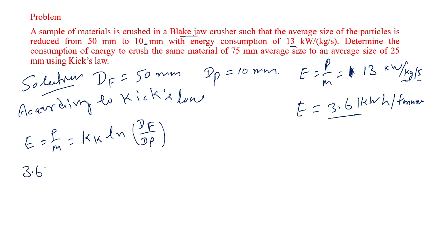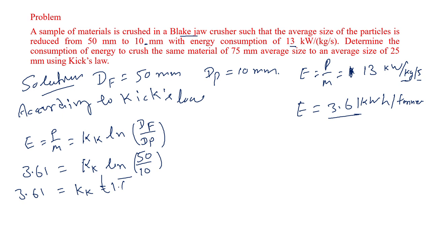E is given as 3.61 and Kk we have to calculate. In the ln, the feed size is given as 50 and dp, the product size, is given as 10. That will calculate Kk, this is the solve.